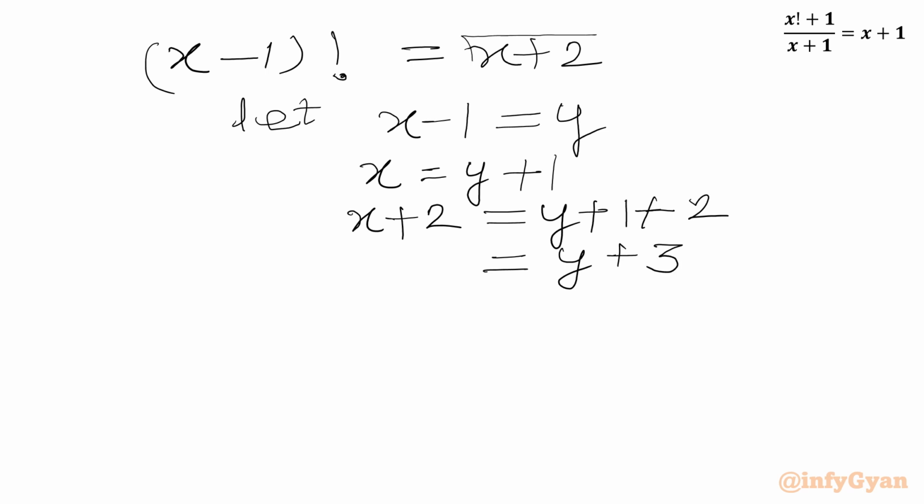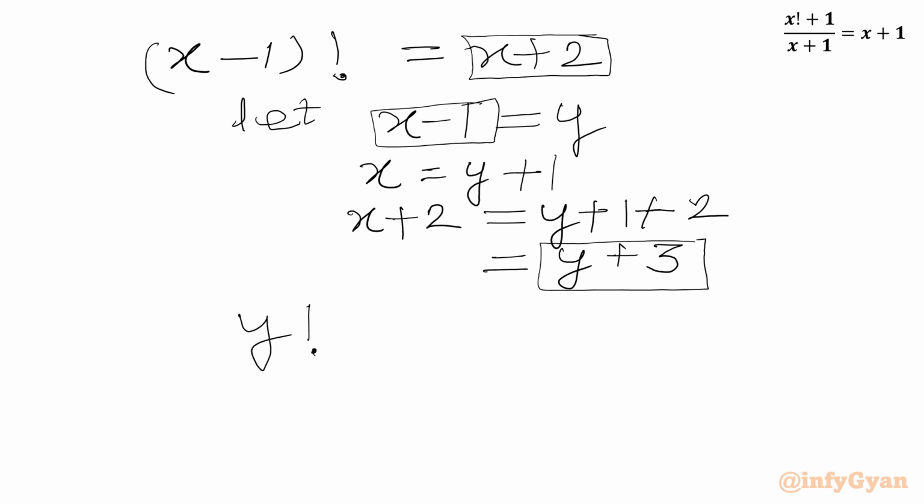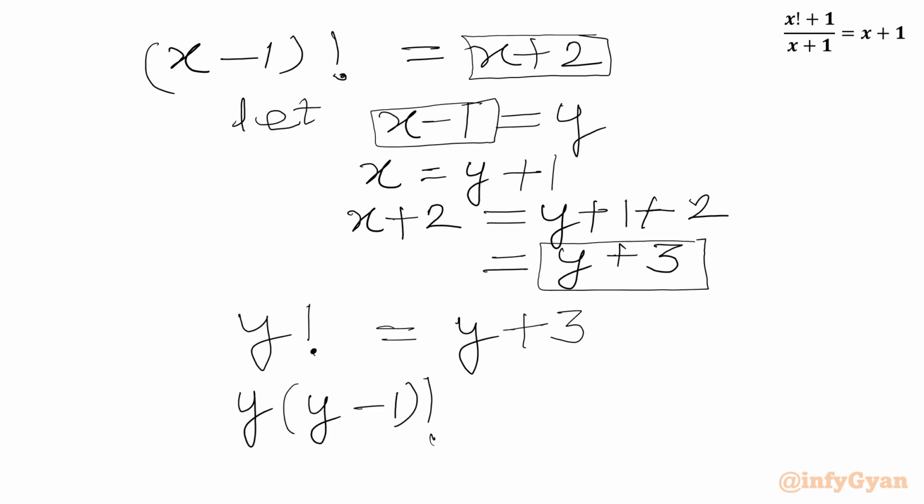So our RHS we will replace with y plus 3, and our LHS we will replace with y. So it will be y factorial equal to y plus 3. Now I can write y times (y minus 1) factorial equal to y plus 3.